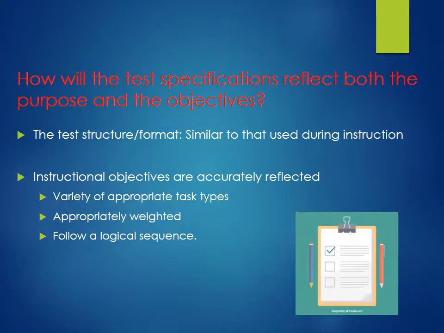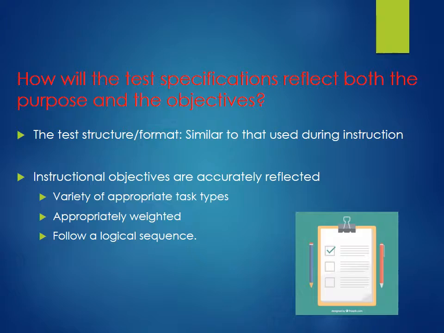Thirdly, how will the components of your test and the form and format of those components reflect both the purpose and the objectives? A key guideline that addresses this issue is that the structure and format of the test should follow the structure and format of your instruction.